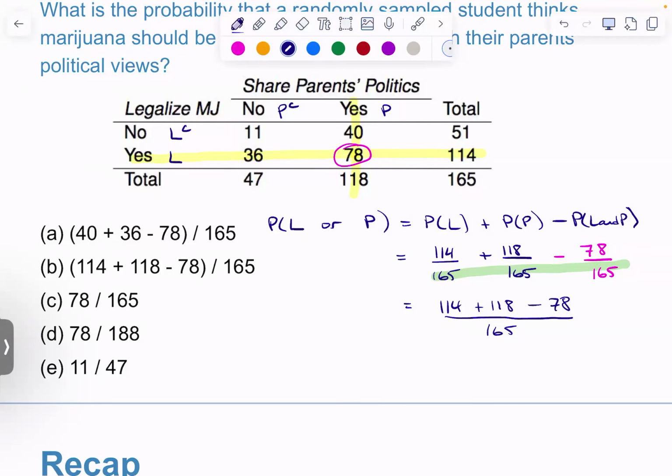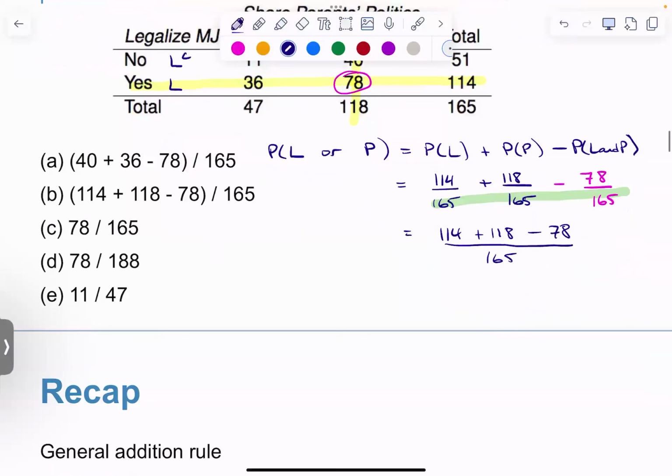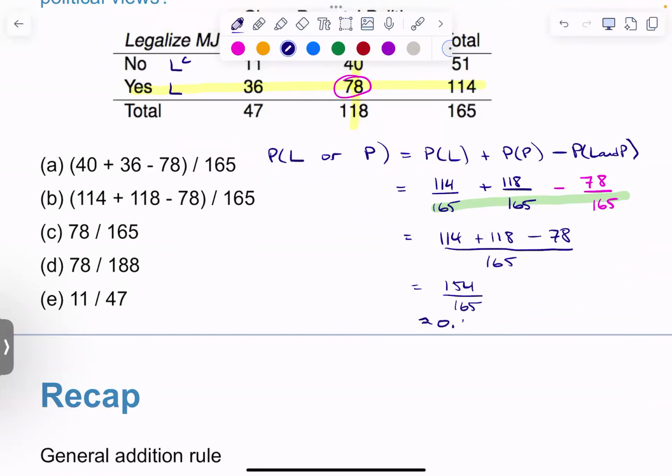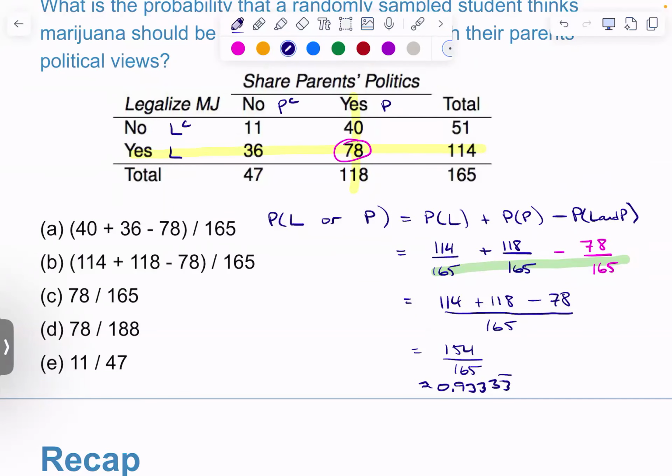Which puts me at 114 plus 118 minus 78 is 154 over 165, which is roughly 0.9333, repeating, or 93.33%. The answer is this one. But I wanted to take it all the way.